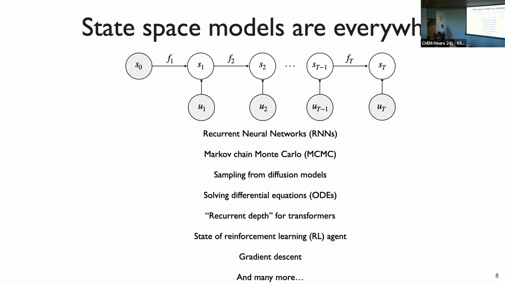And indeed, because these notions of cause and effect are so important in what we do in daily life, there are an abundance of models in statistics and in machine learning that can be subsumed by this state space formalism. Today, I will mostly focus on a particular model called recurrent neural networks.